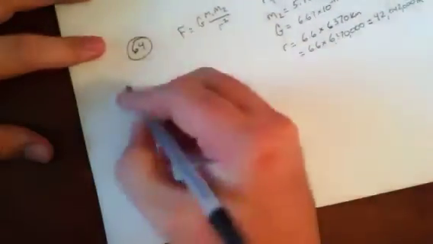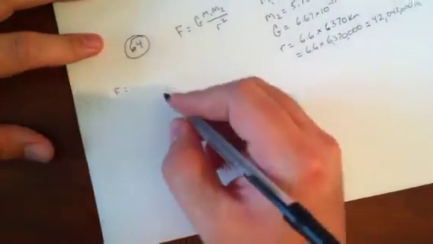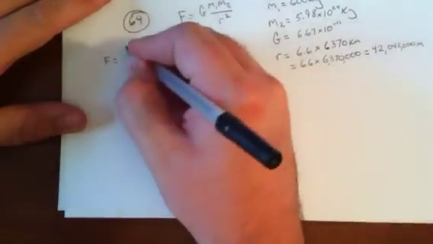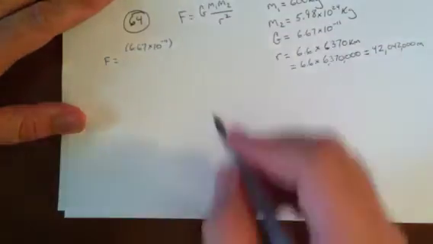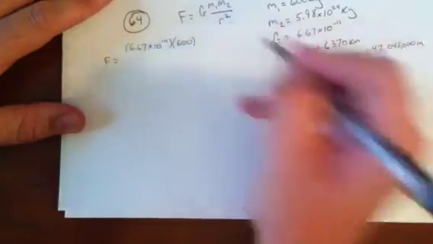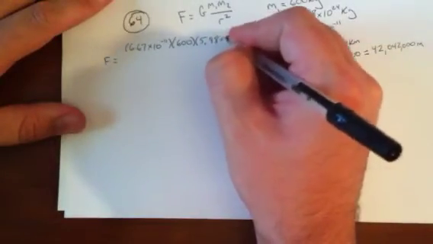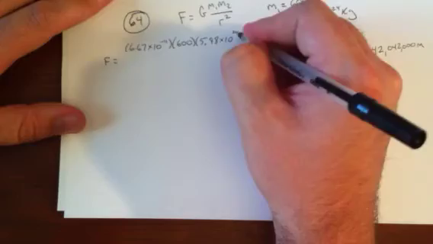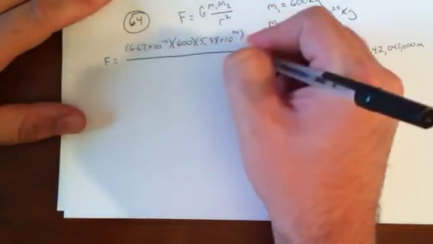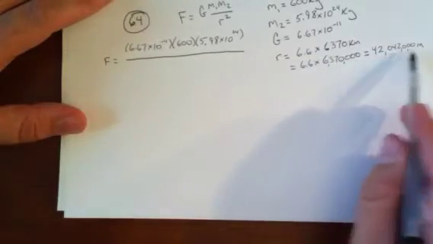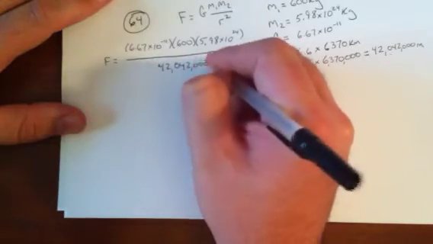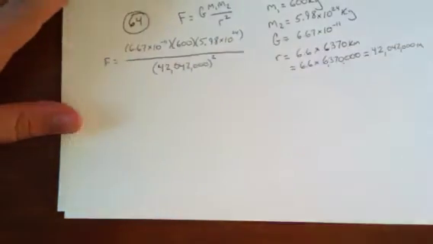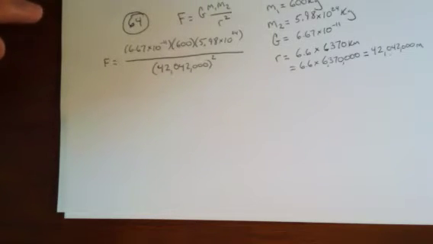So force equals G, which is 6.67 times 10 to the negative 11th, times M1, which is 600, times M2, which is 5.98 times 10 to the 24th, divided by R squared, and our R is 42,042,000 squared.